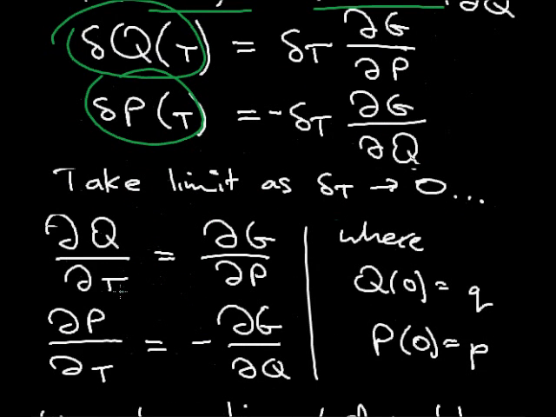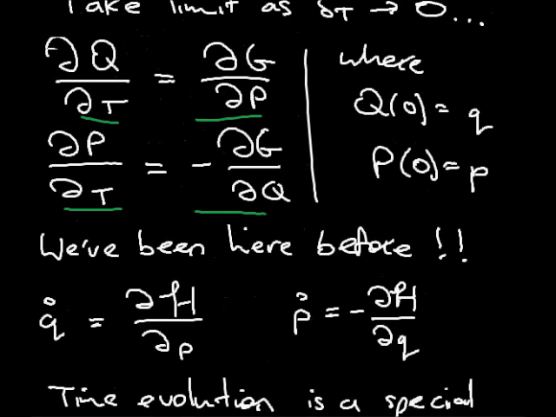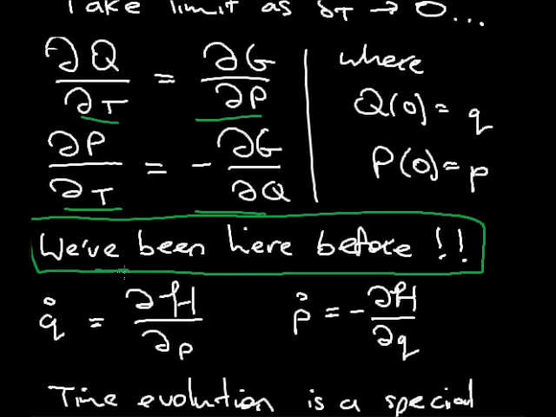Now, you can pick any fixed value of tau, and big Q and P is some point of phase space that is a function of little q and p. By induction, we know that they are canonical. Now, is it just me, or do these equations look strangely similar? So if we wanted to, we could have picked G equal to the Hamiltonian. So the moral of the story is that time evolution is a canonical transformation.